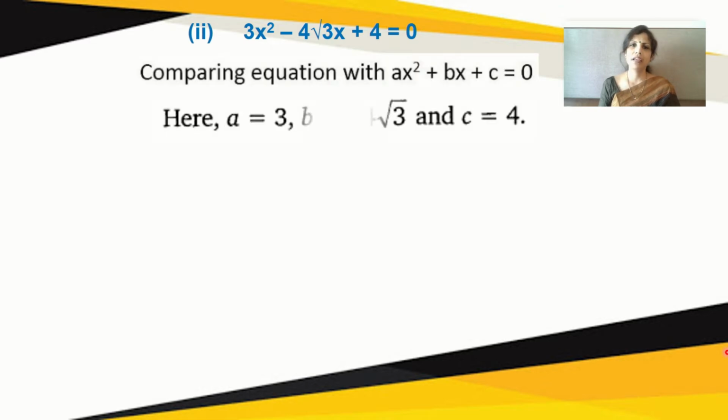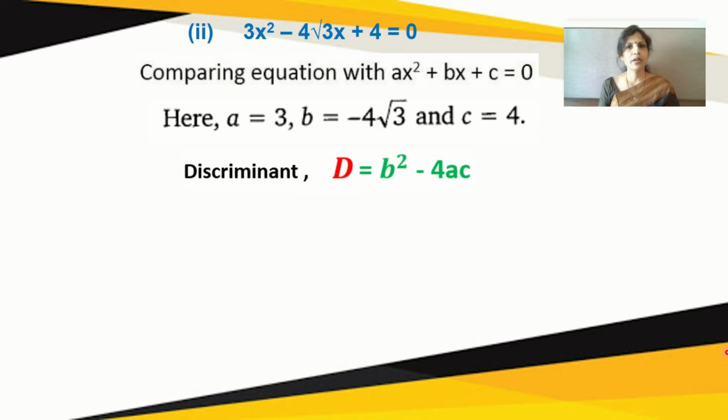So we get a as 3, b is equal to minus 4 root 3 and c is equal to 4. Now let's find the value of the discriminant, D is equal to b square minus 4ac. So we have b as minus 4 root 3 the whole square minus 4 into 3 into 4.